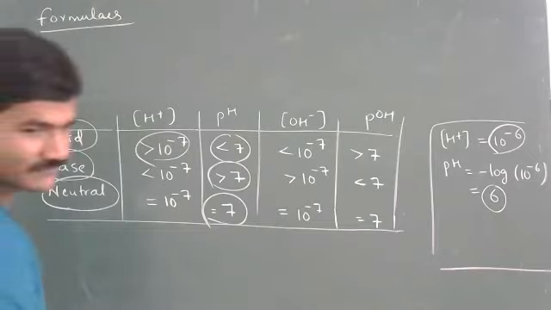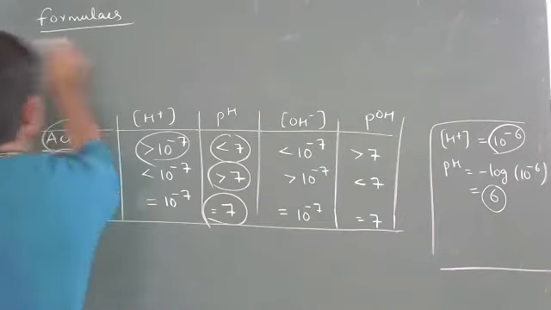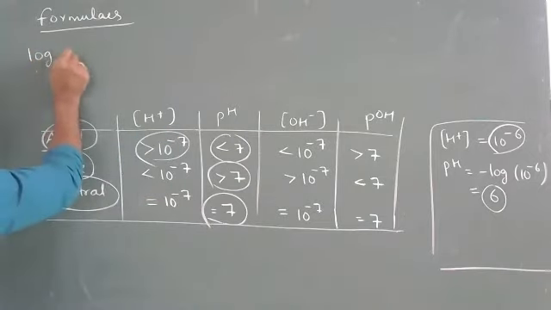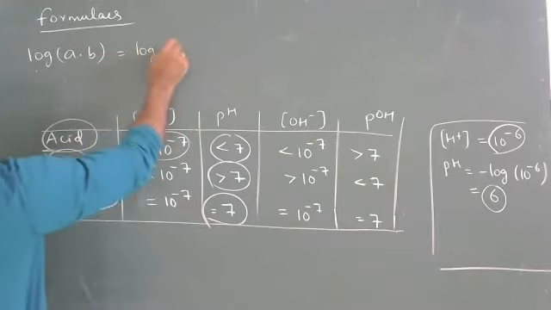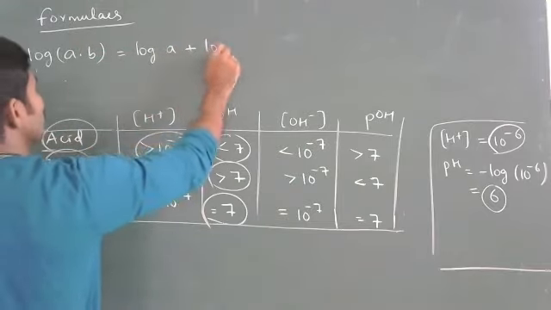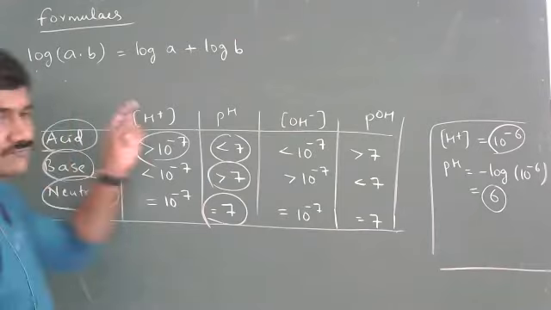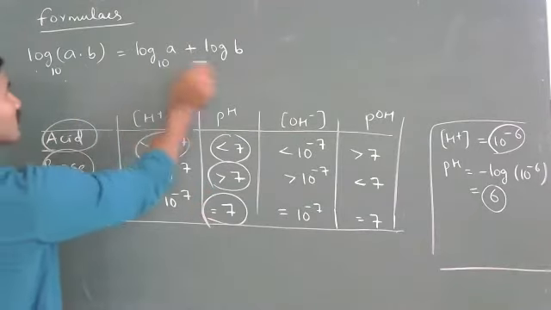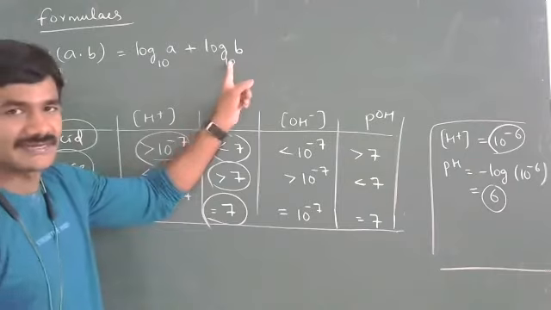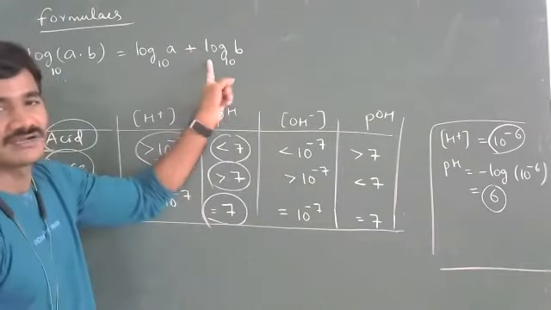Logarithm formulas. First, log A into B is equal to log A plus log B. Everywhere, when I write log, it definitely contains base 10. Even if I don't write 10, it will be base 10 for log.